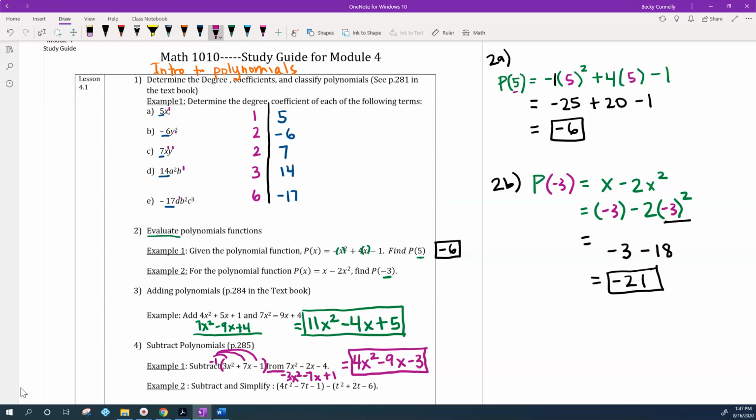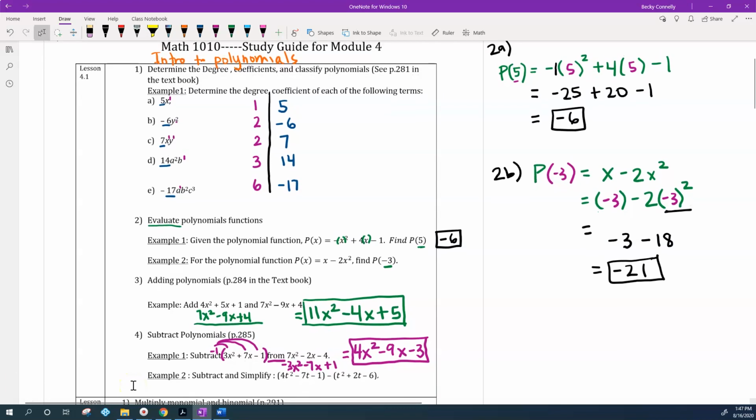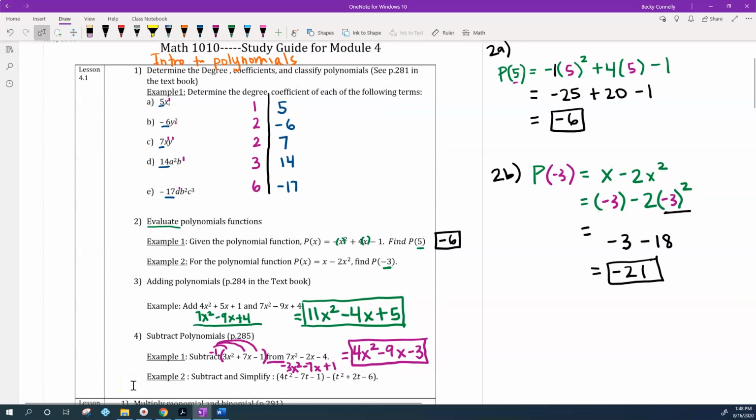Right? So on example 2, it's still a subtraction problem, but it looks a little bit different. All right, I'm going to probably do this one over here to the side so it's a little bit easier to see. All right, so on number 4, I just rewrite it out here. So we're taking this polynomial and we're subtracting off this other polynomial.